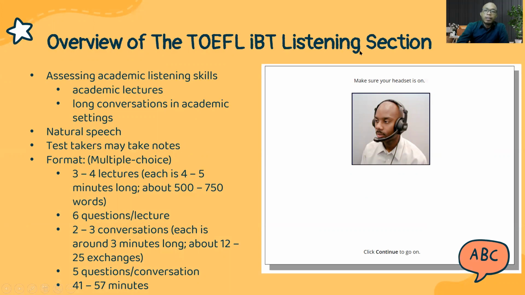As for the format of the section, most of the questions will be multiple choice. There are a couple of questions that are not exactly multiple choice type. We will see them later. In the listening section, you will get either 3 lectures or 4 lectures, depending on whether the test is a short format or a long format.